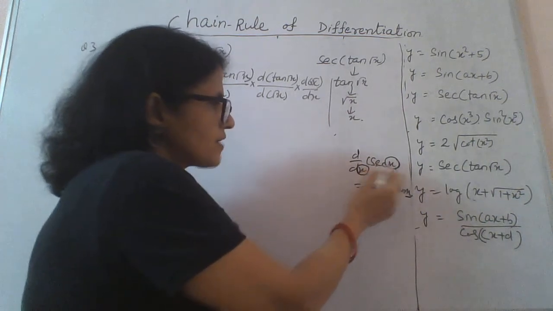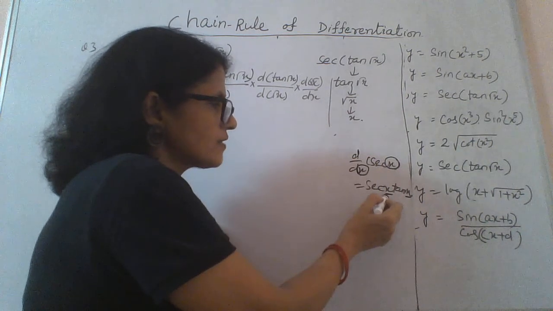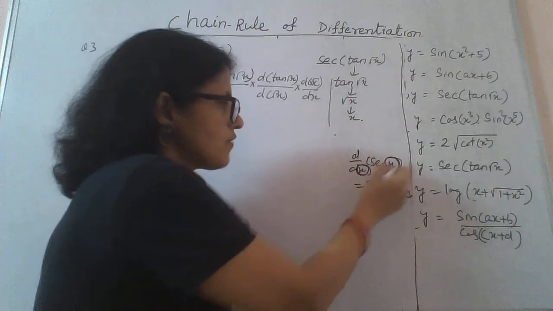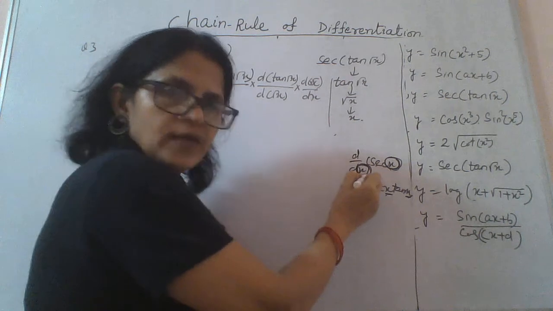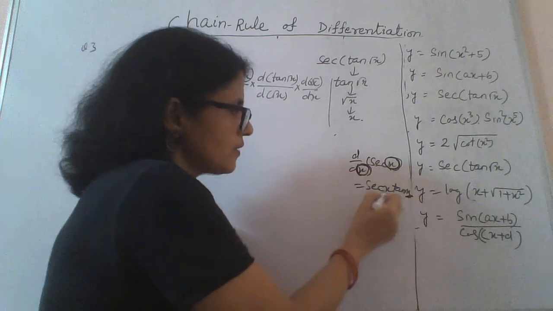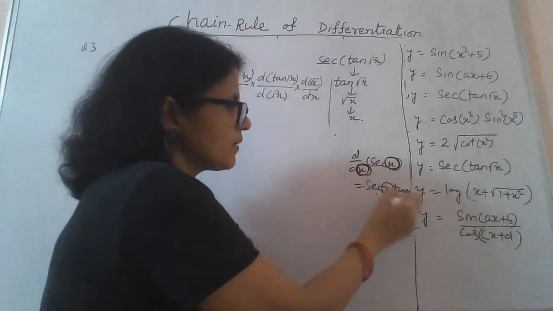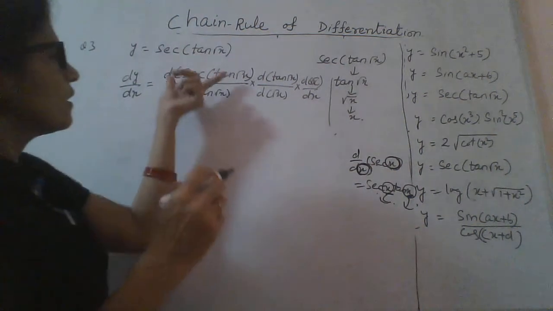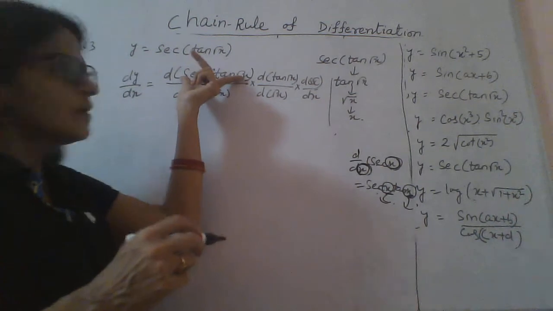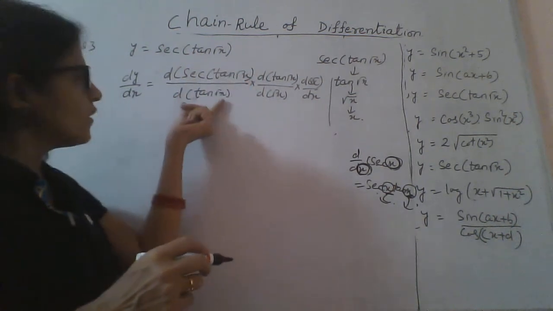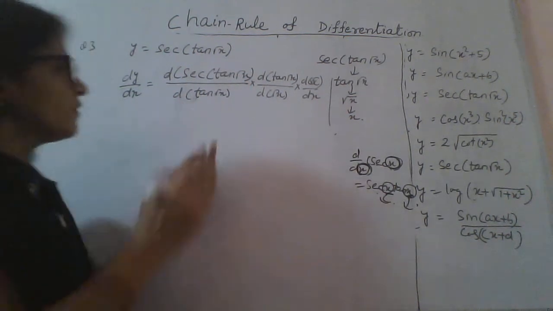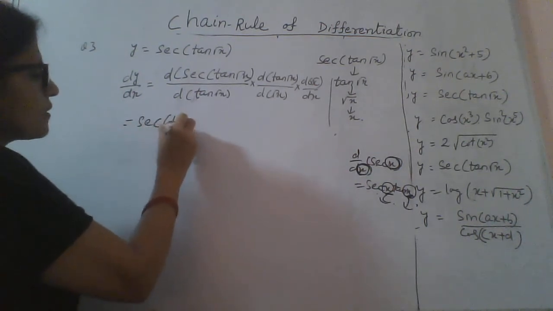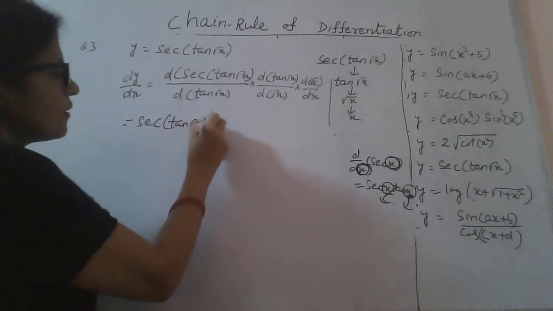If you have sec x with respect to x, you write sec x into tan x; the x in sec x is replaced by that, and the x in tan x will also be replaced by that. So similarly, the derivative of sec(tan root x) with respect to tan root x will be sec(tan root x) into tan(tan root x).